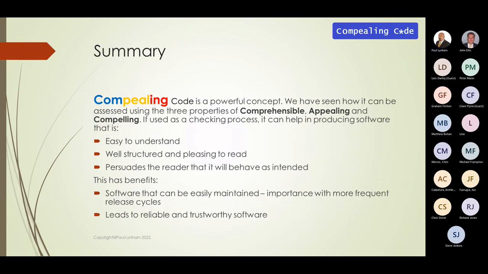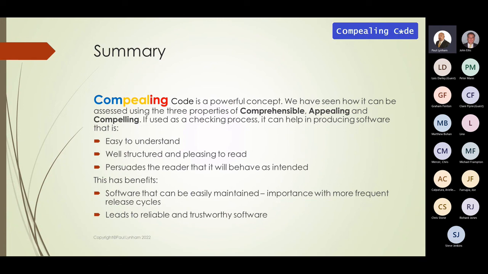So to sum up, compelling code is a powerful concept. You can see how using these three aspects of source code, comprehensible, appealing, and compelling, can be used to produce higher quality software.